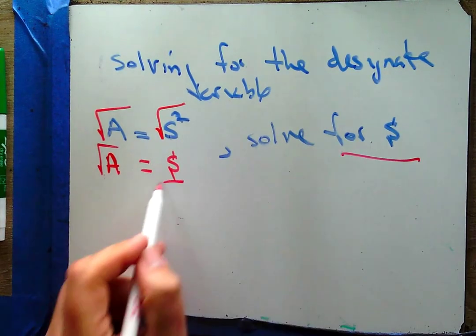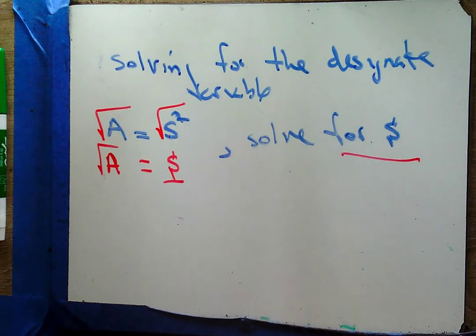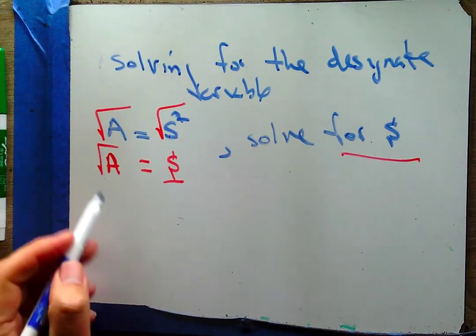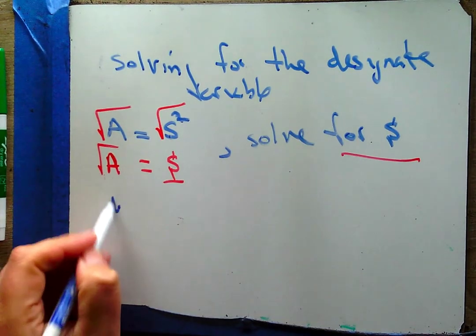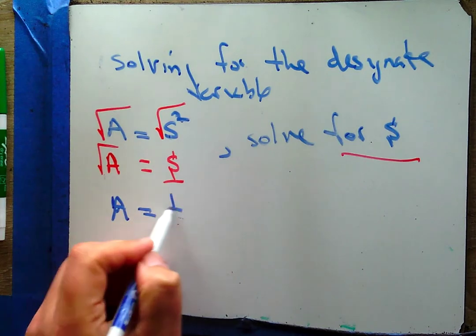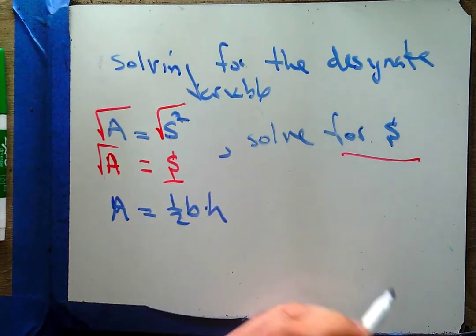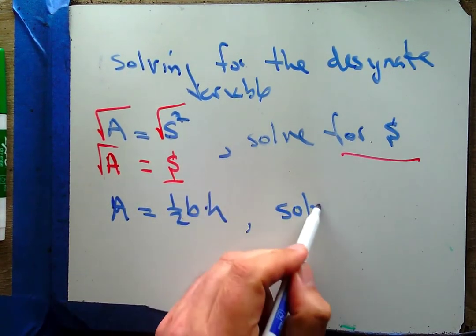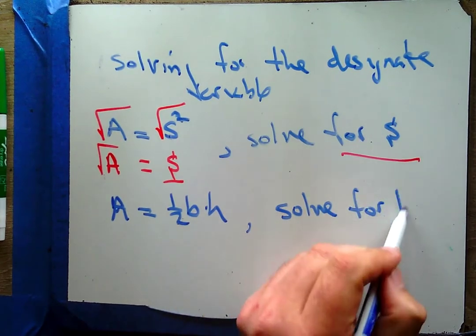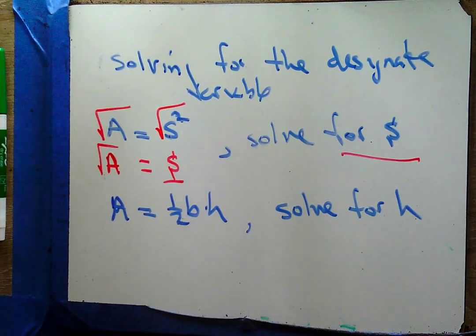So I have solved this equation for s. Okay, how about area equals 1/2 base times height, and solve for height. Can you do this one? If you can, pause the video, give it a go.